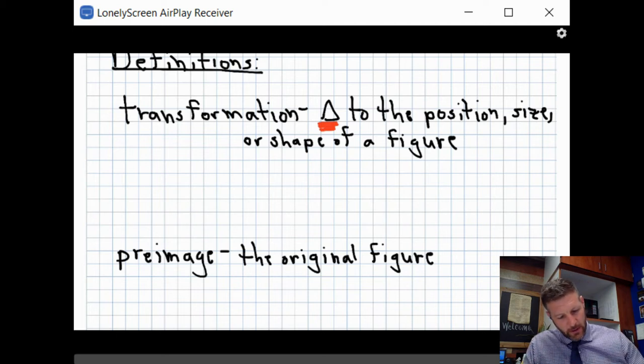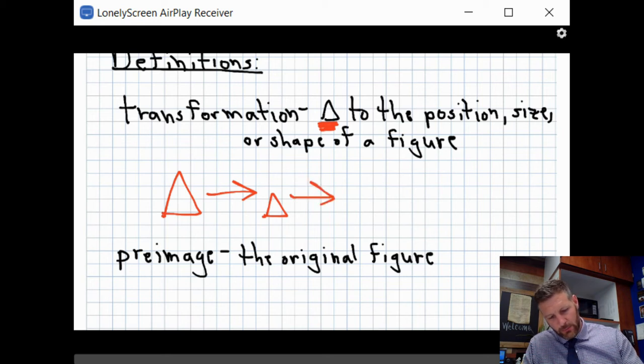So transformations are all about you start with some particular shape, and then a transformation either takes it and maybe makes it smaller, or maybe it rotates it, like it's moving it in that direction. Or maybe it takes it and it reflects it.